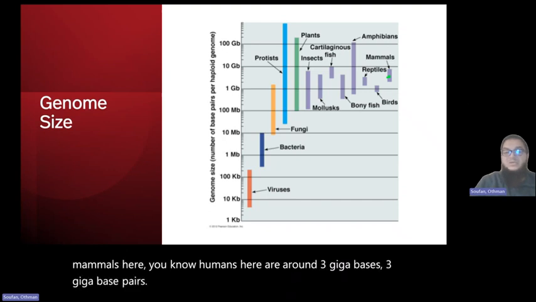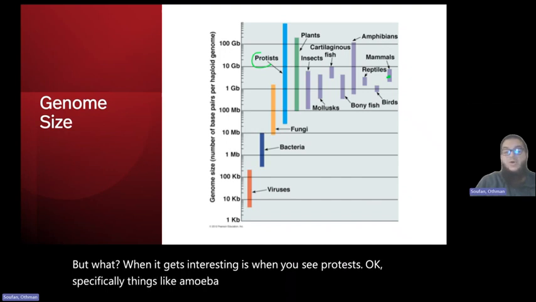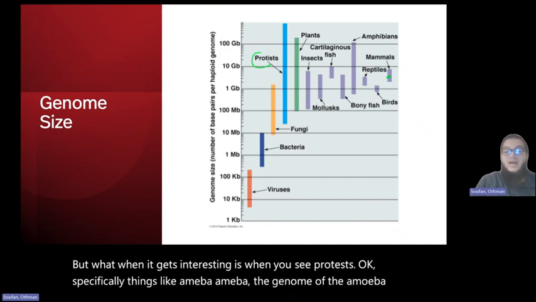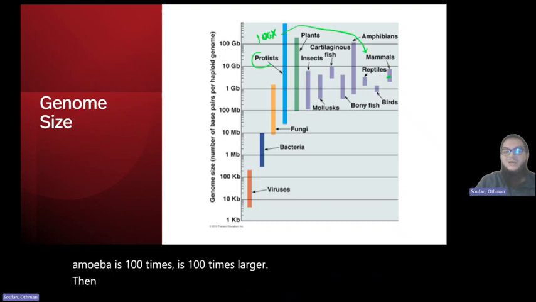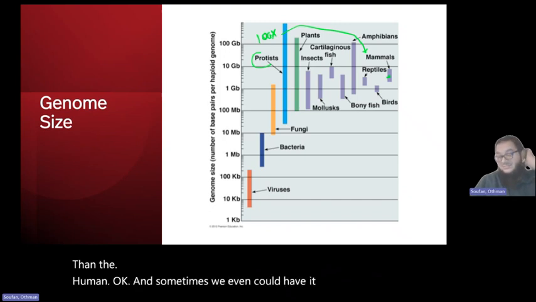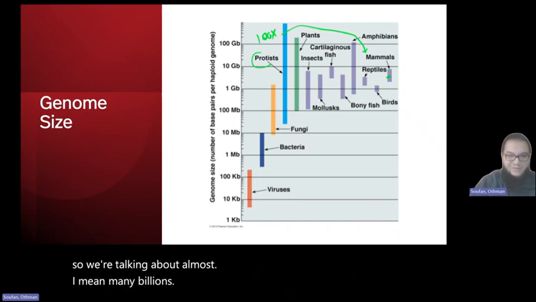But it gets interesting when you see protists, specifically things like amoeba. The genome of the amoeba is 100 times larger than the human, and sometimes an amoeba could have more. So we're talking about many billions, hundreds of billions of base pairs.